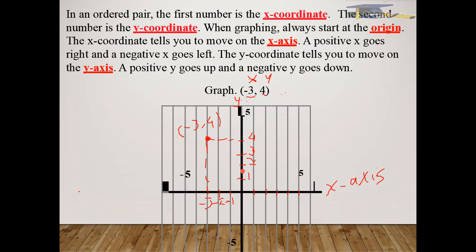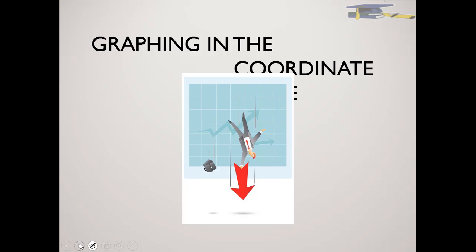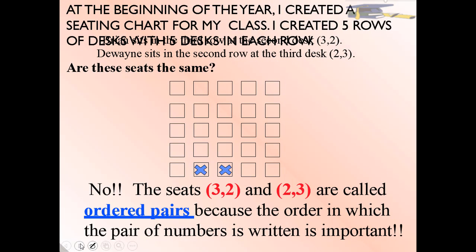Okay, now let's move on and find another example. How to graph the coordinates. First of all, at the beginning of the year, I created a seating chart for my class. I created 5 rows of desks with 15 desks in each row.